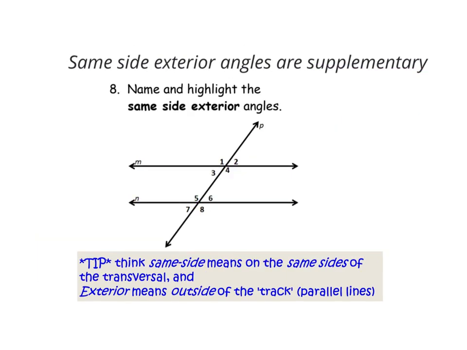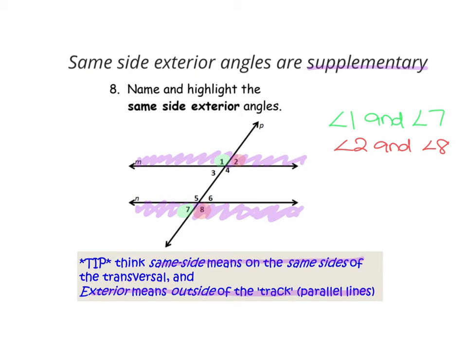The last set of angles we're going to look at are same side exterior angles. So same side means that they're on the left or the right, and exterior means that they are outside the parallel lines. Same side exterior angles will also be supplementary, 180 degrees. So angles 1 and 7 are same side exterior, so they're both outside the parallel lines on the left side.